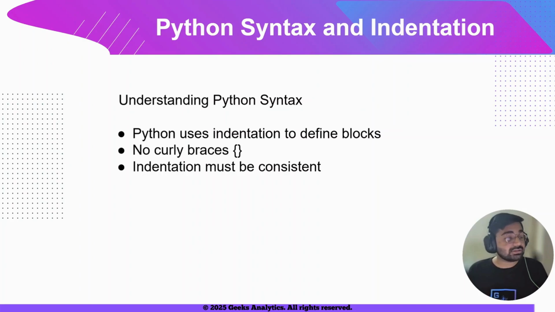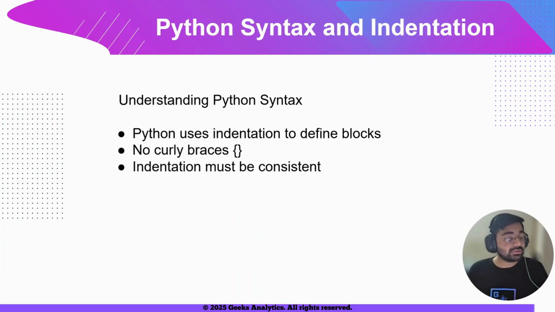As I was mentioning, indentation is used to define code blocks instead of curly braces, and it makes the code look cleaner. But it also means that indentation isn't just for style; it's a required way of writing the code. Each block must be indented properly using either tabs or spaces. So indentation is essentially tabs or spaces. It could be two spaces or four spaces.